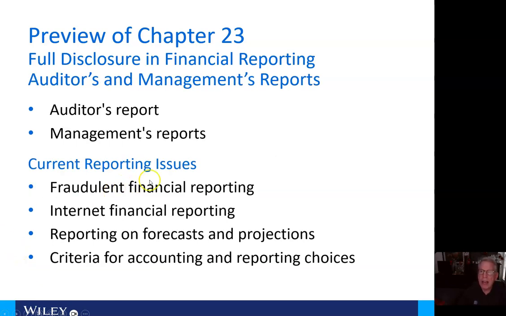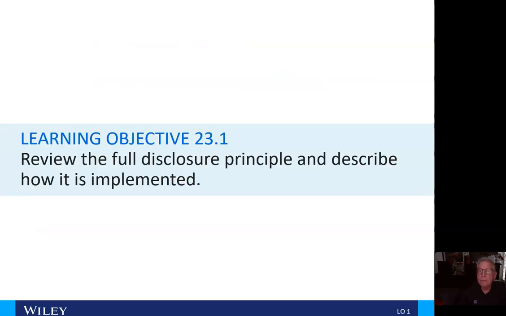And as we look at the MD&A, the management's reporting here for full disclosure, we have our auditor's report and the management's report. And our current reporting issues include fraudulent financial reporting, internet financial reporting, reporting on forecasts and projections, and finally, the criteria for accounting and reporting choices.